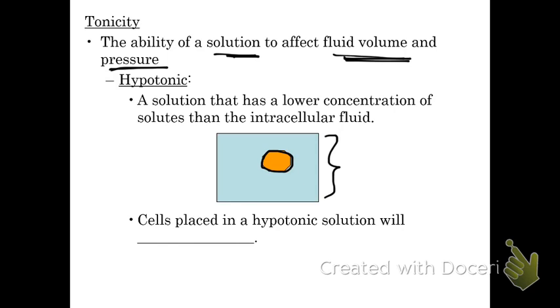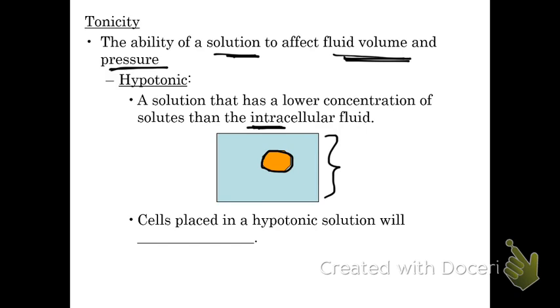And what I'm telling you is that the solution here has a lower concentration of solutes than the intracellular fluid. So intra means within. So within this cell, the solution around the cell has a lower concentration of solutes than the intracellular fluid.